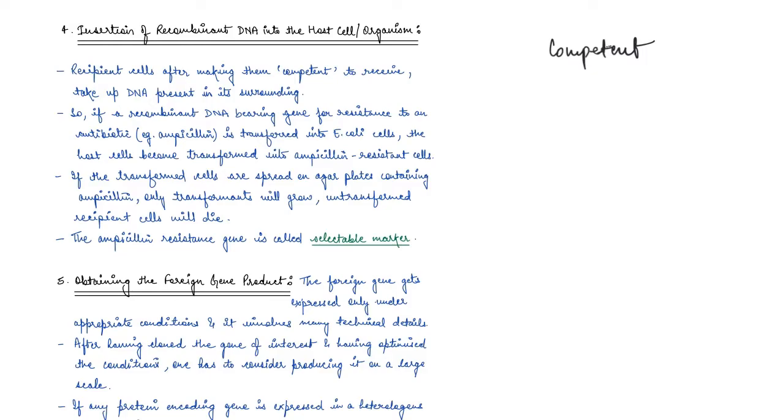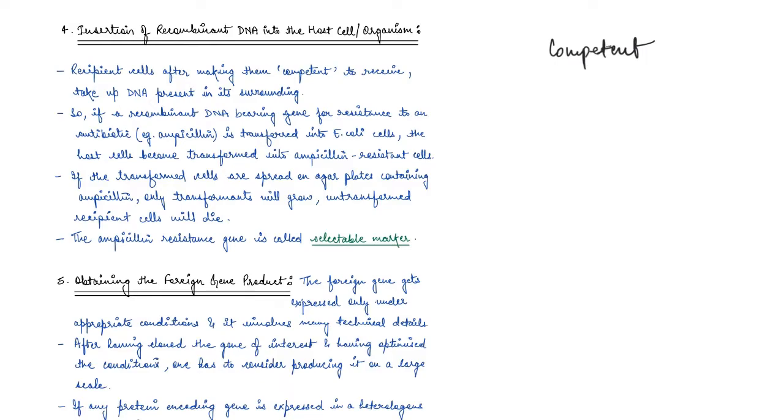Okay. Now say a recombinant DNA bearing a gene for resistance to an antibiotic, say ampicillin, is transferred into an E. coli cell. The host cell now becomes transformed into an ampicillin resistant cell, right? Now if the transformed cells are spread on agar plates containing ampicillin, only the transformants will grow and the untransformed recipient cells will die, right?